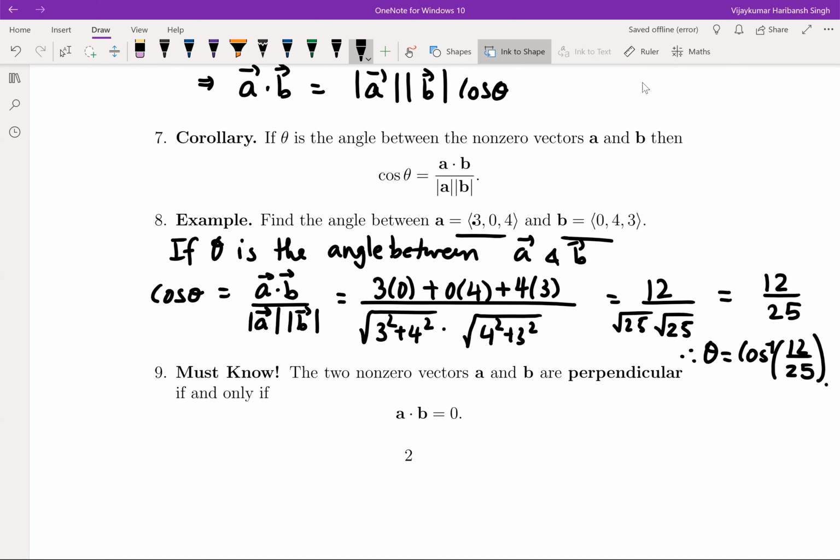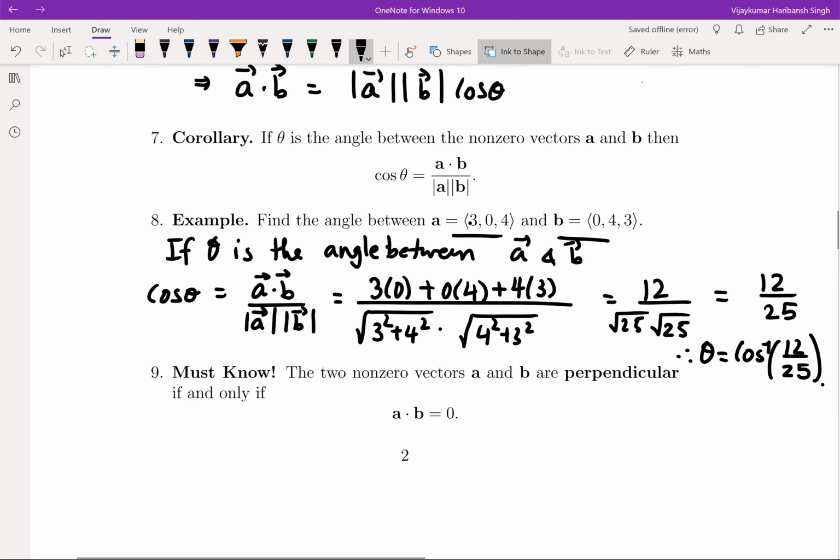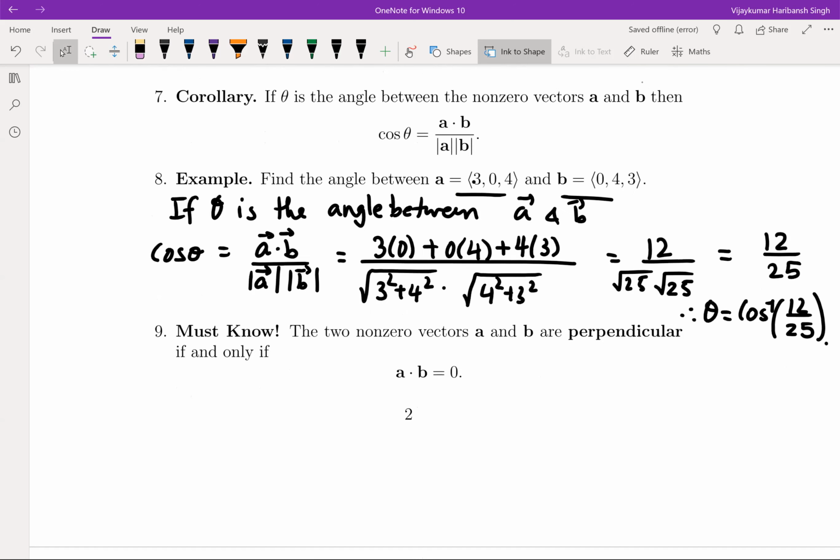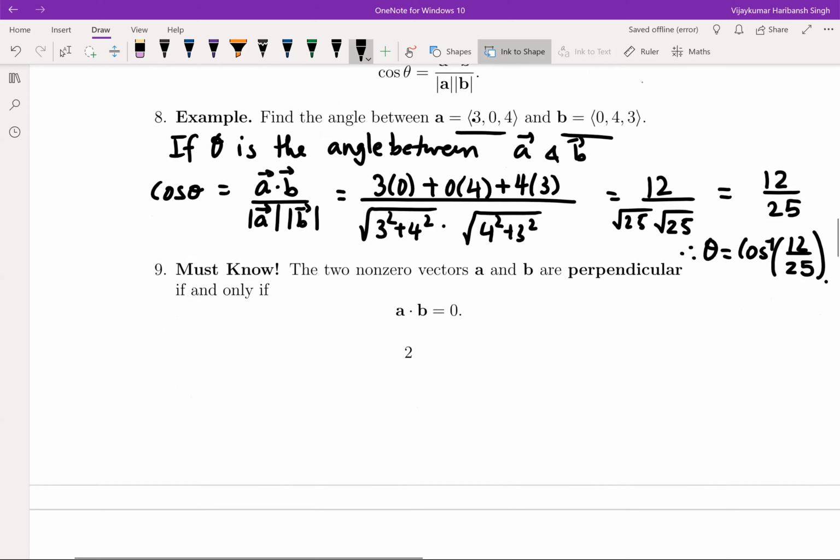Okay. Now, two non-zero vectors. If the angle between two vectors is 90 degrees, then we call them perpendicular. The proper way to put that is: two non-zero vectors A and B are perpendicular if and only if A dot B equals 0.